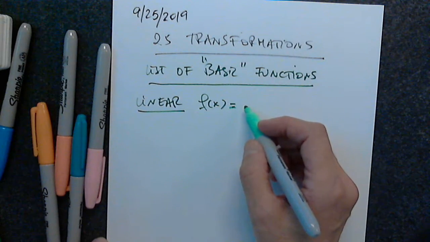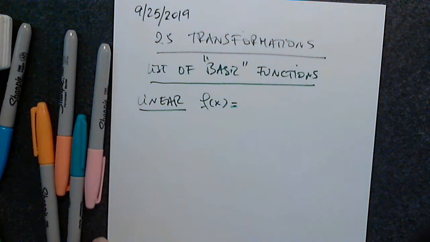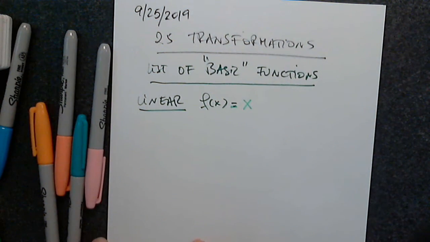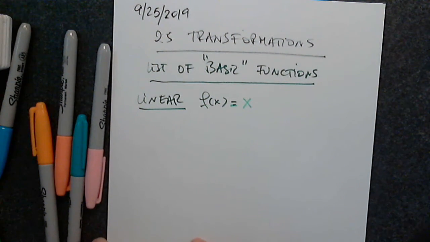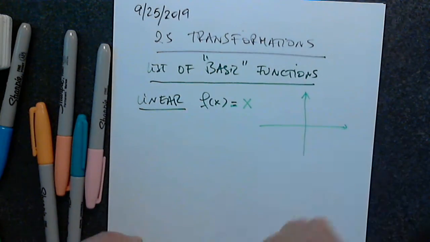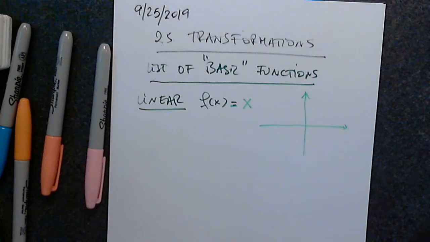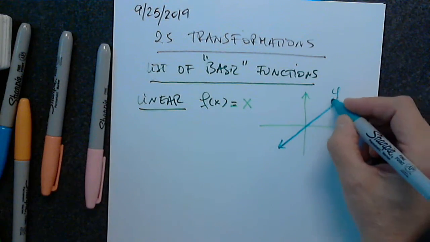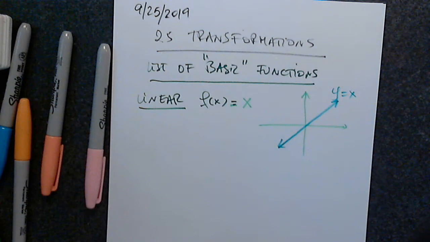Just x. F of x equals x is the simplest possible linear function. And we have to remember its graph. Here's the graph of y equals x, or f of x equals x.